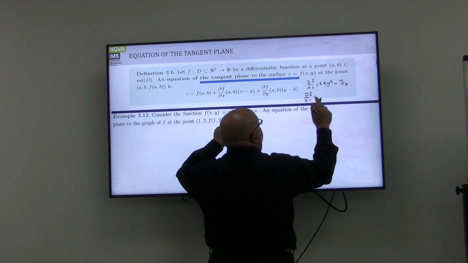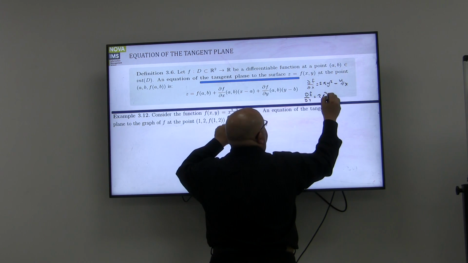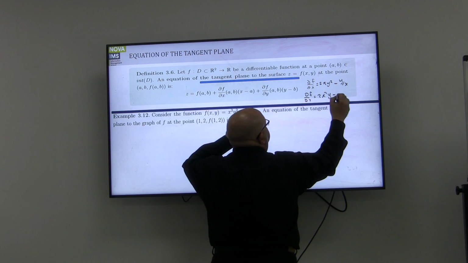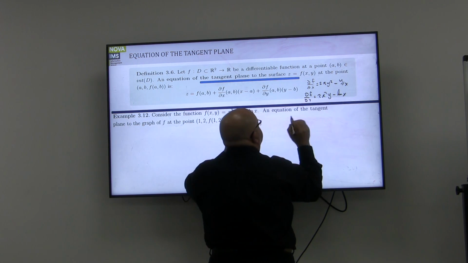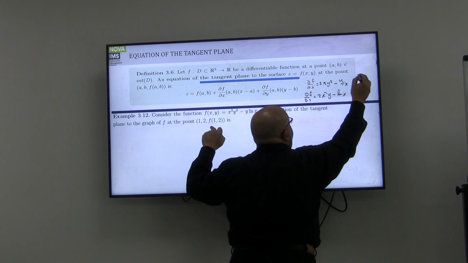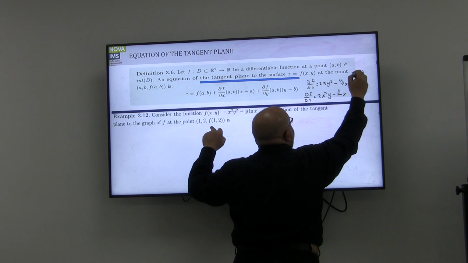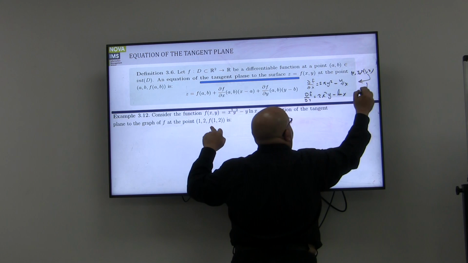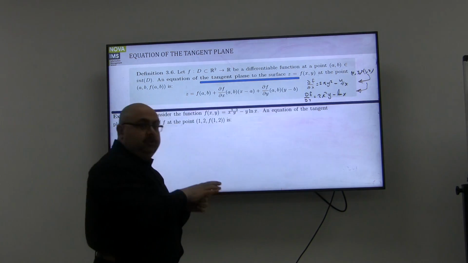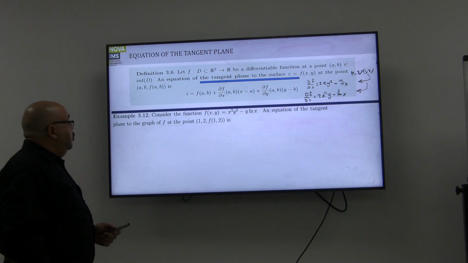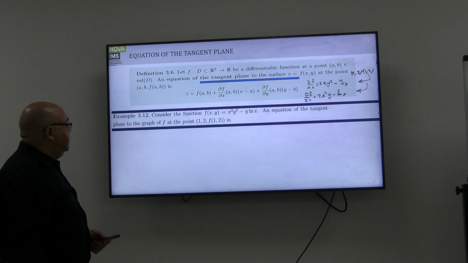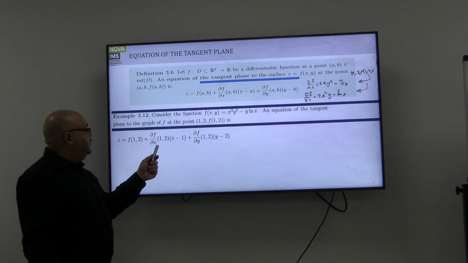Differentiating with respect to y, it's going to be 2x squared y, then minus ln x. Then start substituting x and y by the values 1 and 2 in both of them, and then you will be able to get your partial derivatives. All I had to do is to make the substitution happen. That's the value of the function.